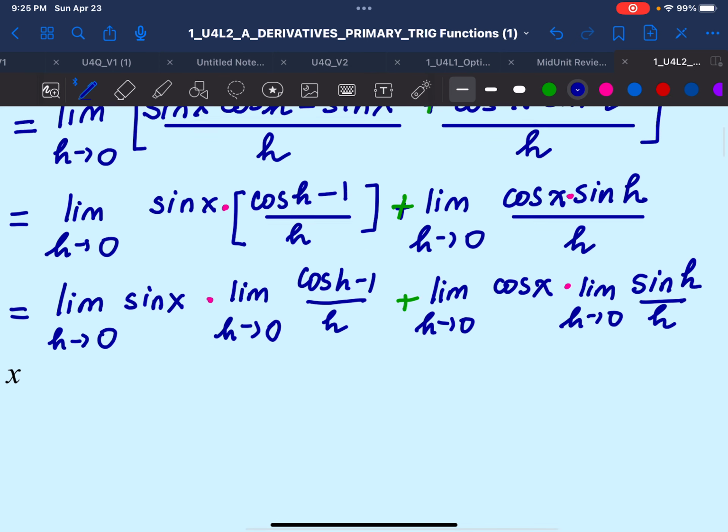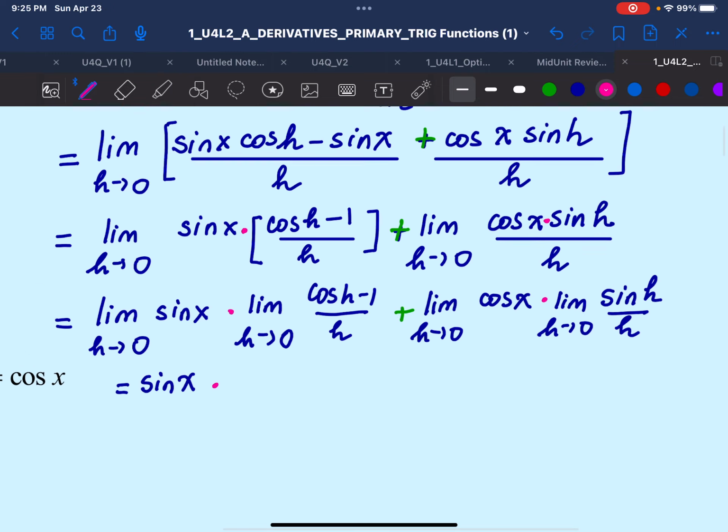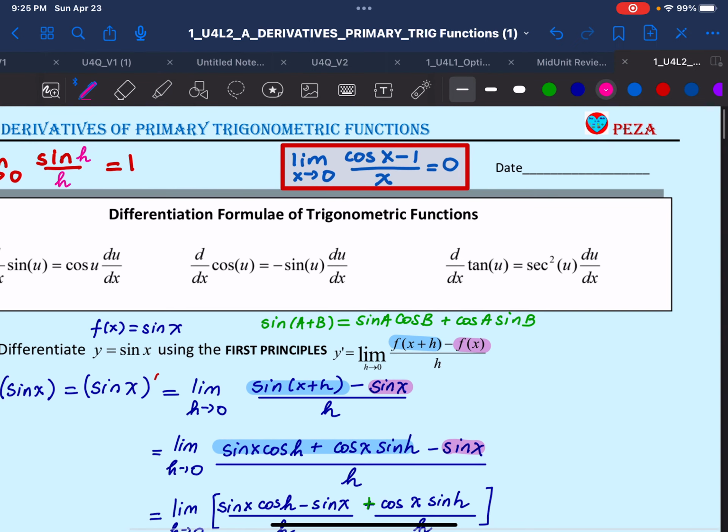Let's see what we have created here. If you look at this limit, the limit as h approaches 0 of sine x would equal sine x. That's because h cannot go anywhere in here, so sine of x is independent of h. You can look at it as the limit of a constant, so it would equal sine x. Now we're multiplying this, so you probably recognize in here the limit of cosine.